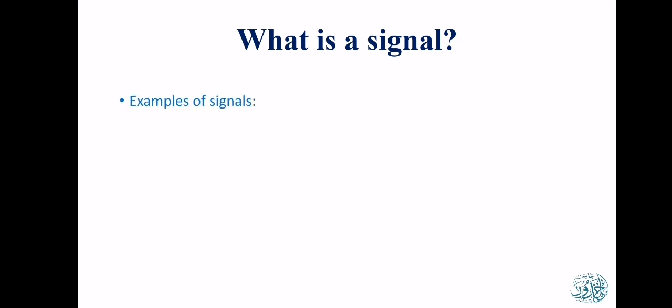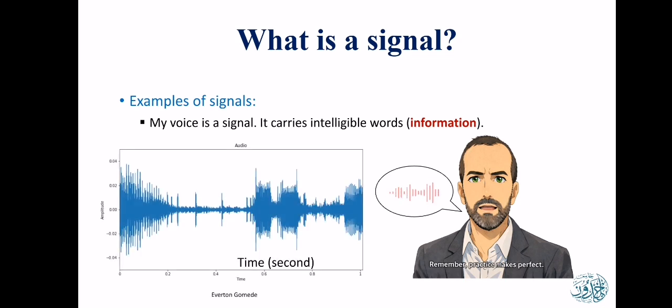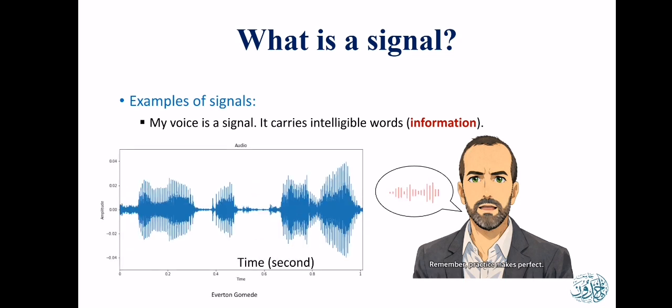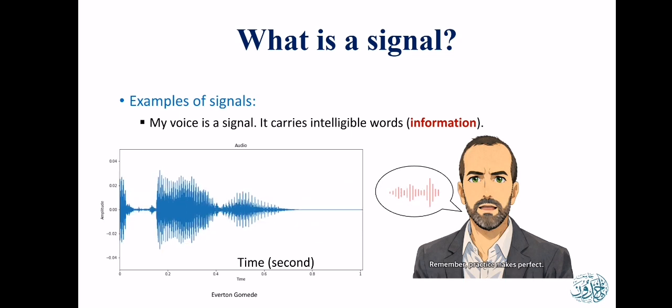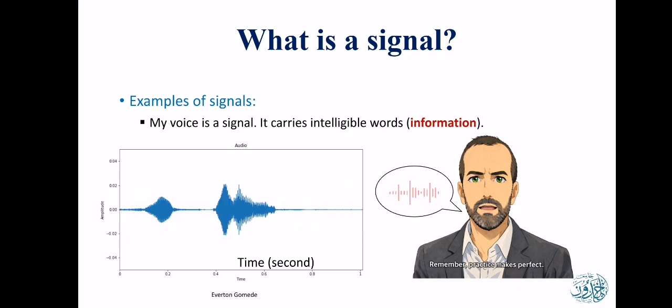Instead of starting with abstract definitions that you might find in textbooks, let us begin with examples. My voice is a signal. It carries intelligible words, or at least I hope it does, and because it carries words, it carries information.